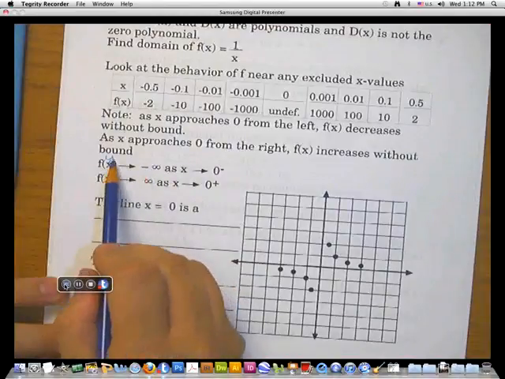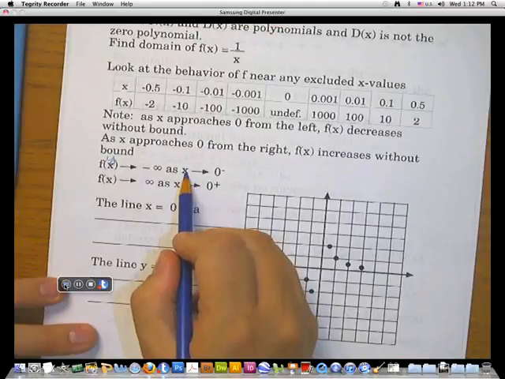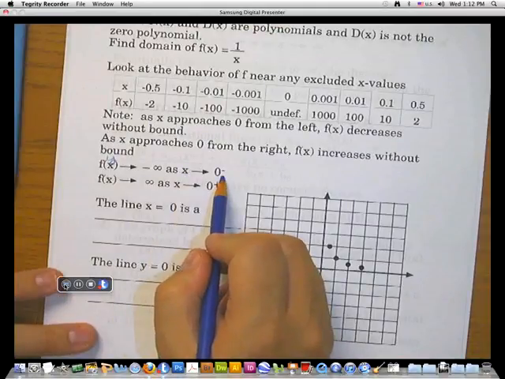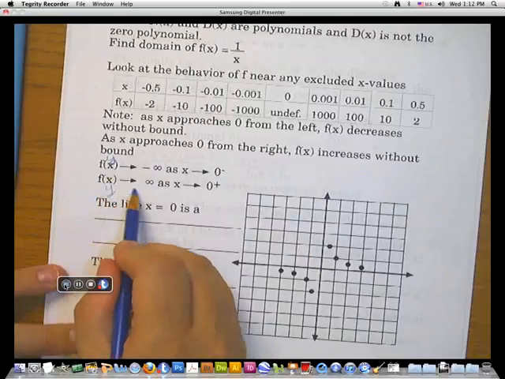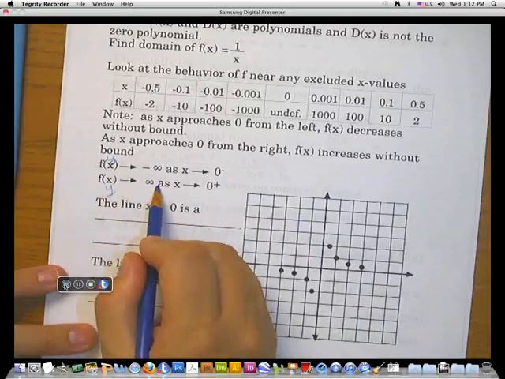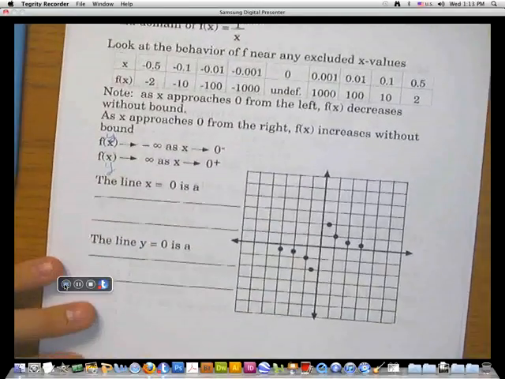So as the y's approach negative infinity, the x's approach 0. And then as the y's approach positive infinity, it's going to approach 0 as well.